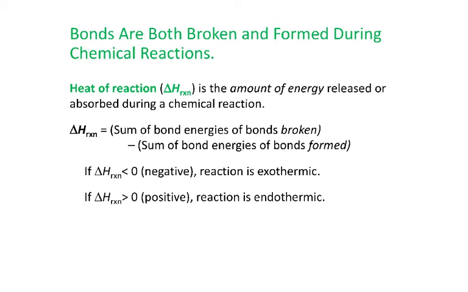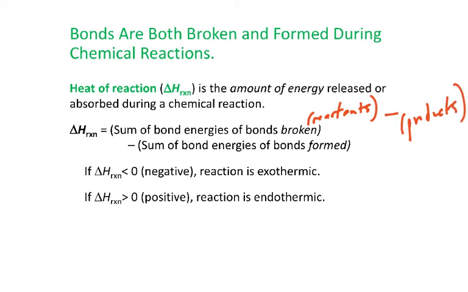And it is an equation that we have, right? It can be equal to the sum of all of the bond energies of bonds broken, which would be the reactants, minus the sum of the bond energies of the bonds formed, which would be all the products, right?